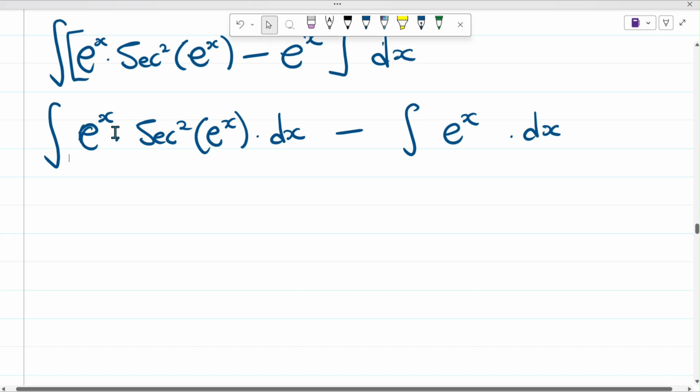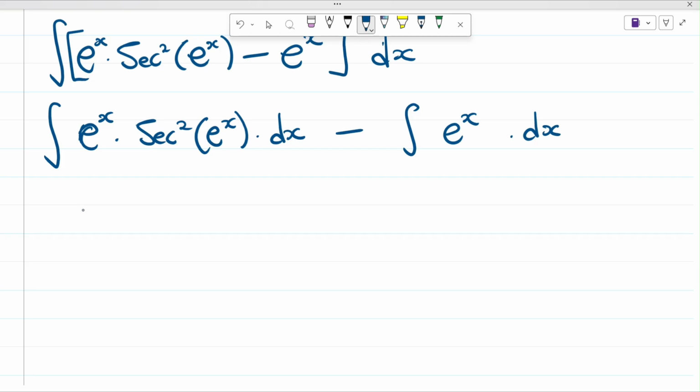Then we ask ourselves, what was differentiated for us to get positive sec squared? It was just tan of the argument we're dealing with, which in this case is e to the power x.